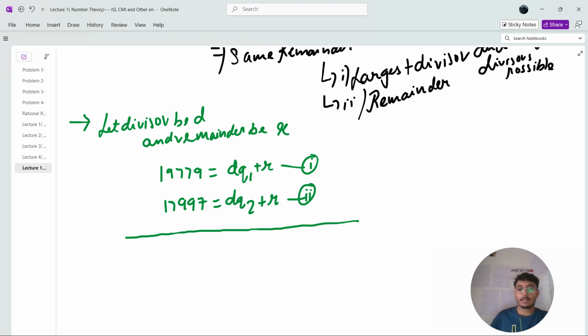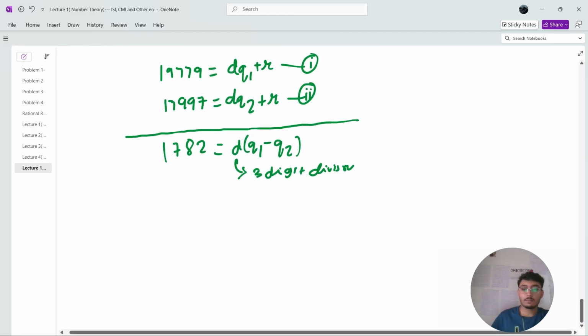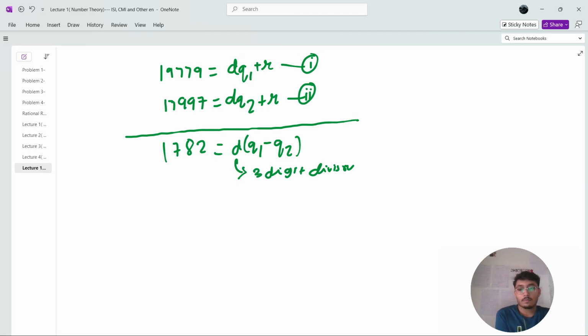This gives me 1782, which equals d into q1 minus q2. We know d is a 3-digit divisor. Now my possible values of 3-digit divisors of 1782: if I divide 1782 by 2, I get 891.